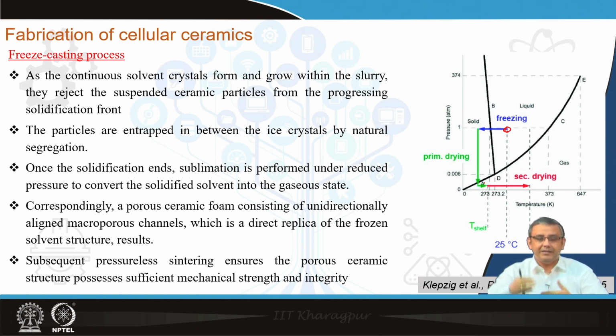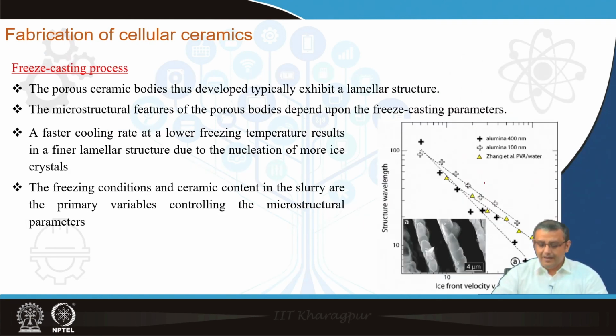Where the initial ice crystals were, they give rise to the porous regions, and in between the porous regions the ceramic particles bond together, and we obtain a very nice sintered porous ceramic body.